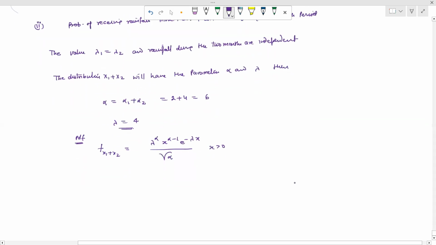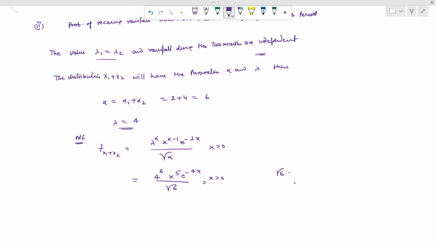Now lambda is 4, equal to lambda 2 because the rainfall is independent. So 4 raised to the power 6 into x raised to the power 6 minus 1 is 5, e raised to the power minus 4x upon gamma 6, here x greater than 0.